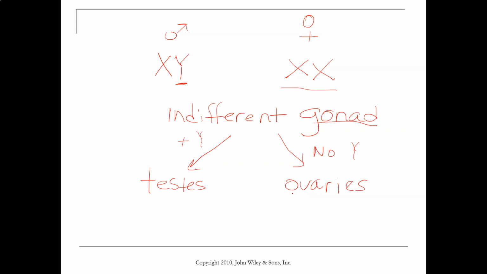So what is it that leads to differentiation of those in the male or female direction? And this is a bit of an oversimplification, but in general, that is guided largely by the production in the testes of testosterone.